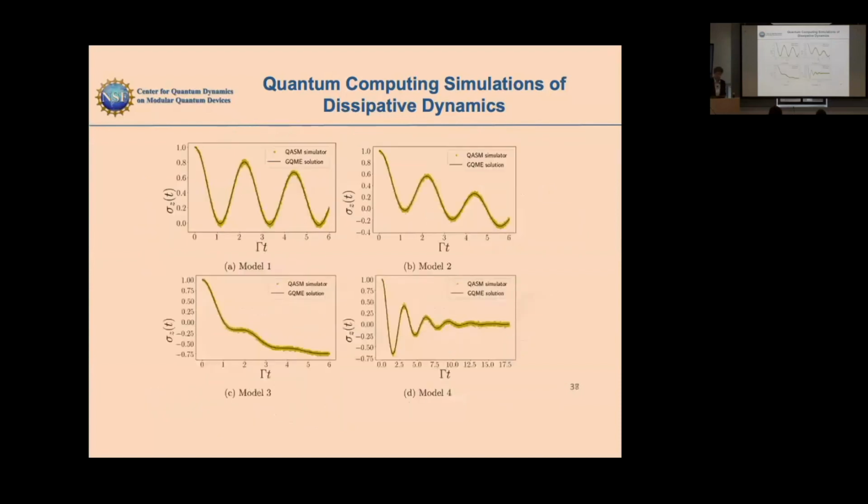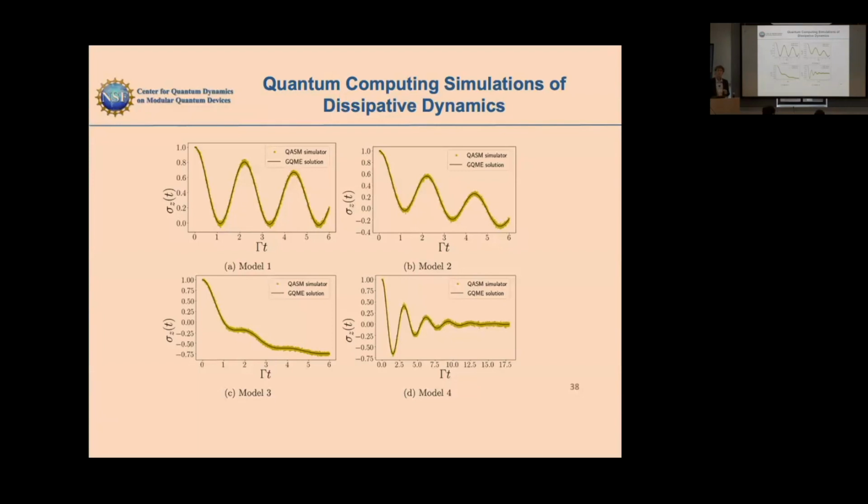And with that, we simulated this on the simulators of IBM, and we confirmed that in fact the circuit that is built out of that unitary reproduces very nicely the simulations that we have done with the GQME based on memory kernels computed with TensorTrain input functions.